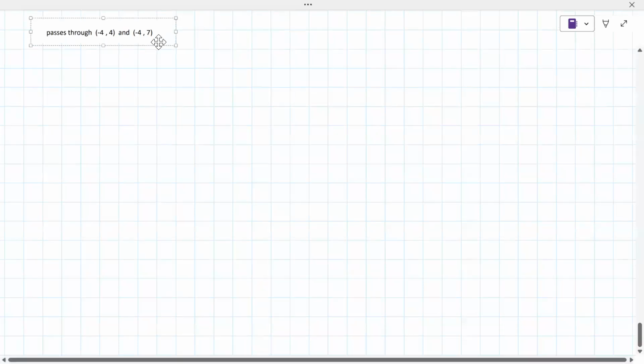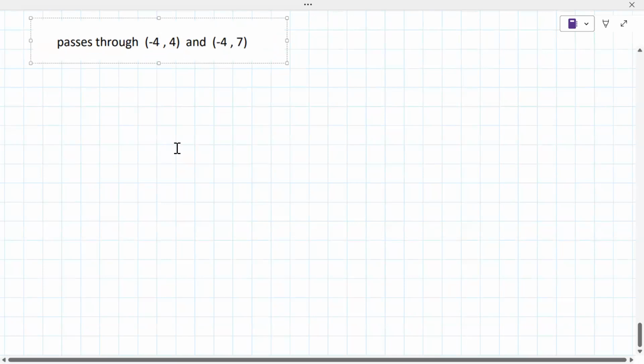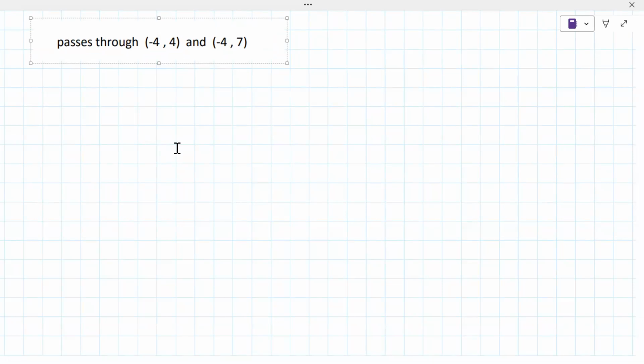Okay, and I'll take it in any form. What is the equation of this line? Anything you want, I'll take anything.